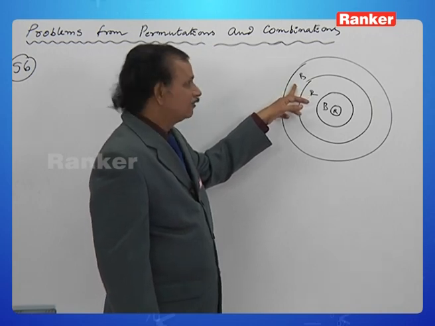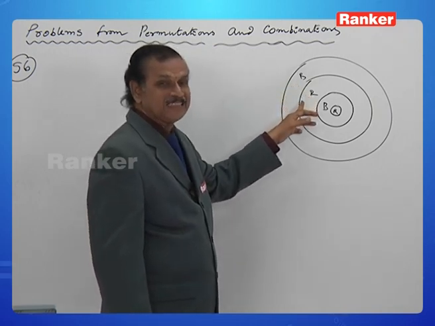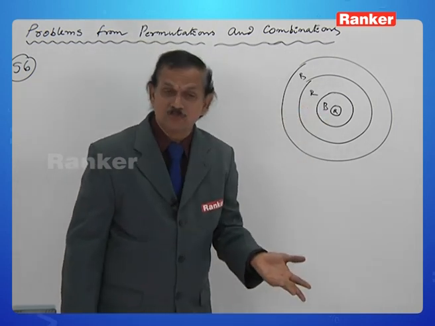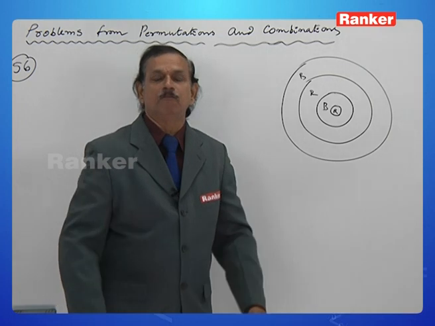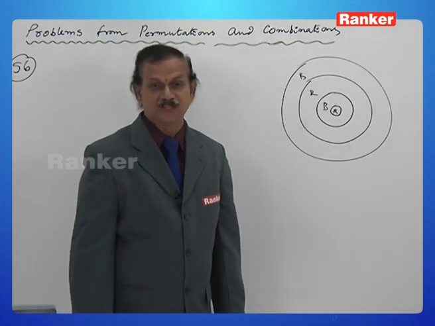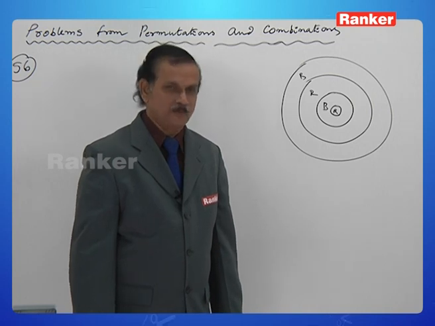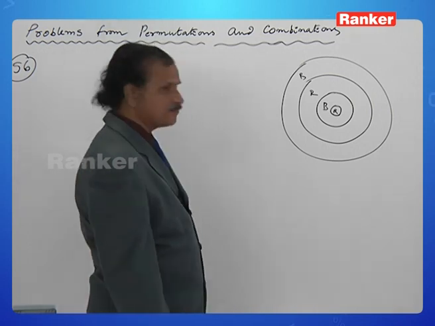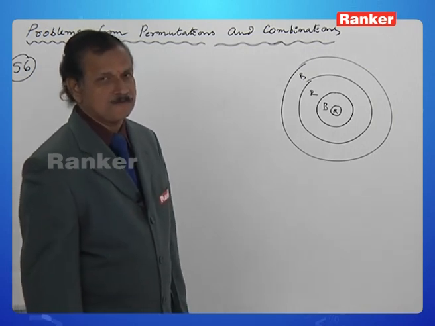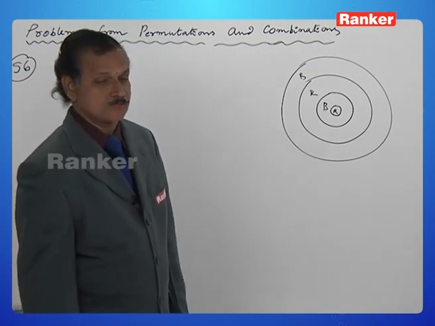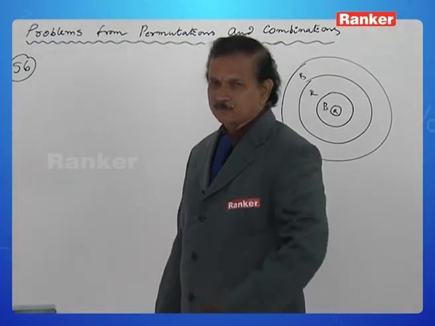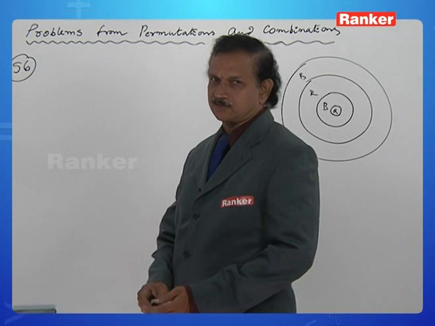Pi R4 square minus pi R3 square, isn't it? Like that. You are supposed to have the area of the blue region only. How to get it? Options given are 1000 pi square units, 5050 pi square units, 4950 pi square units, and the fourth option is none.